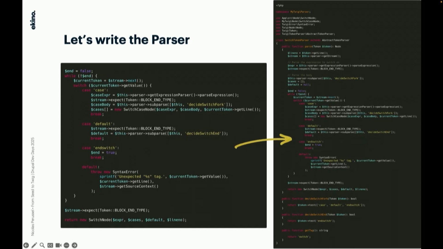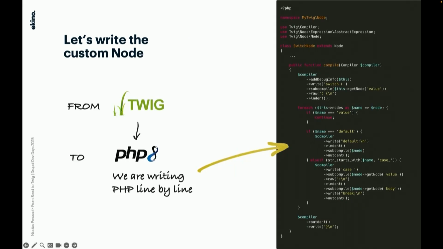The first thing to do is to write a parser. I won't deep dive into how we write this parser, but you need to create a dedicated parser for your new grammar that you will add into the Twig environment. Okay? We are writing the parser. After, we need to create some nodes.